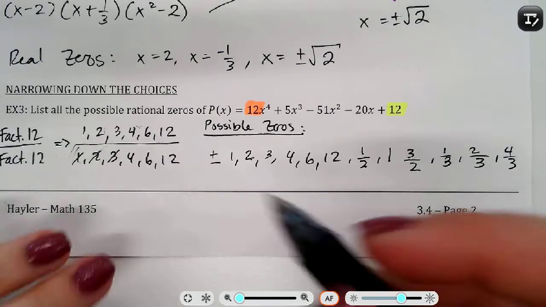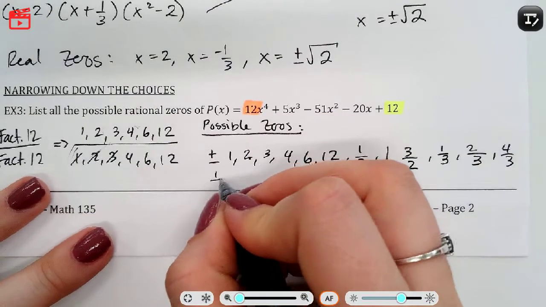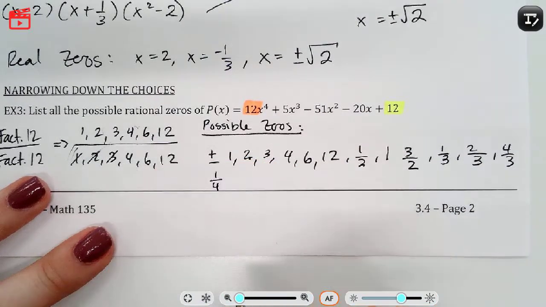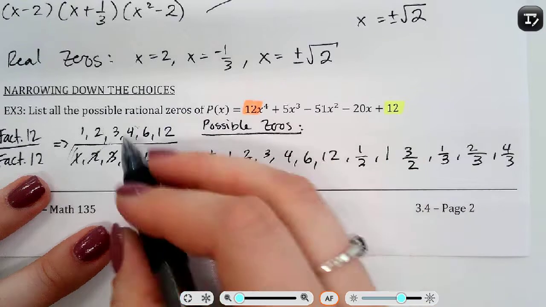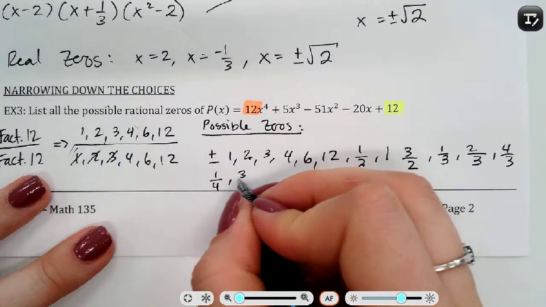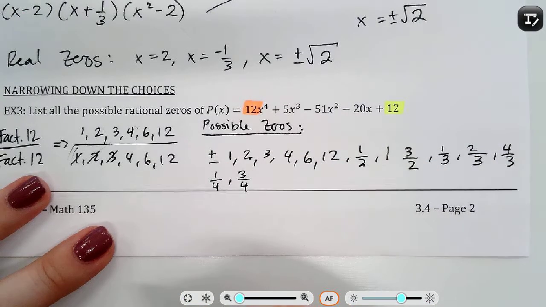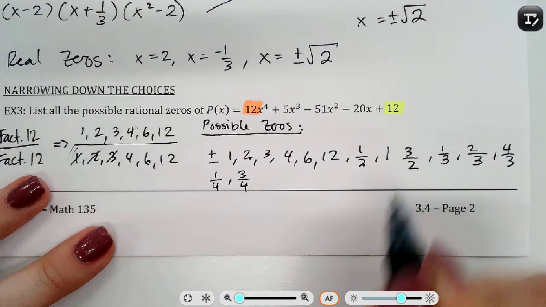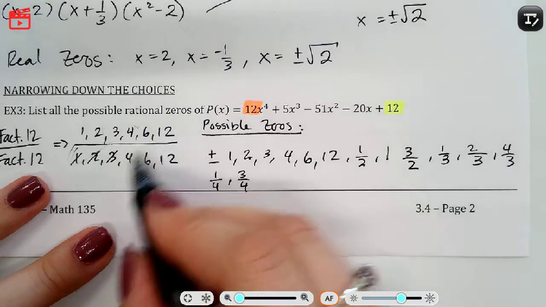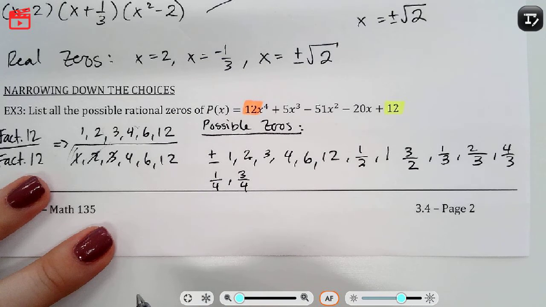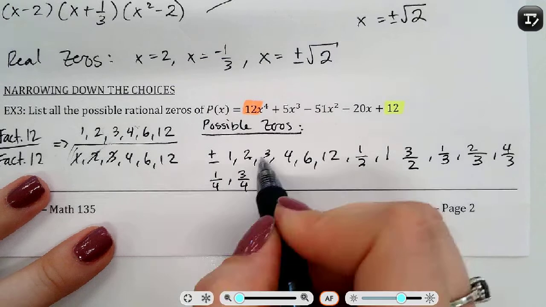All right, so let's see. Okay, next one is 1 over 4. And then 2 over 4, that's a half. I already have that. 3 over 4, I don't have that yet. 4 over 4, that's 1, I have that. 6 over 4, that's 3 over 2. I already have that. 12 over 4, that's going to be 3, which I already have right there.